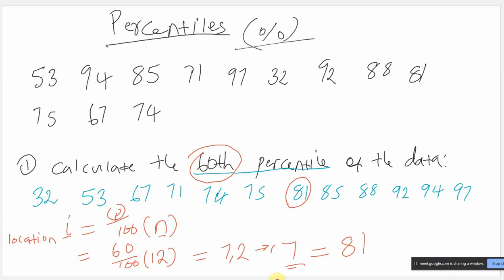But usually the most important percentiles are the following. Since you already learned about quartiles, we can now talk about percentiles in the form of quartiles. So you know Q1 of the data, Q2 of the data, and Q3 of the data.